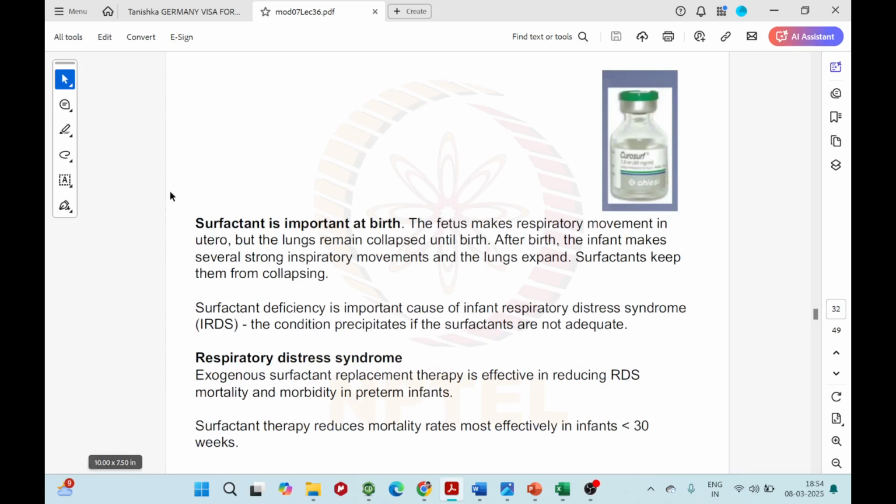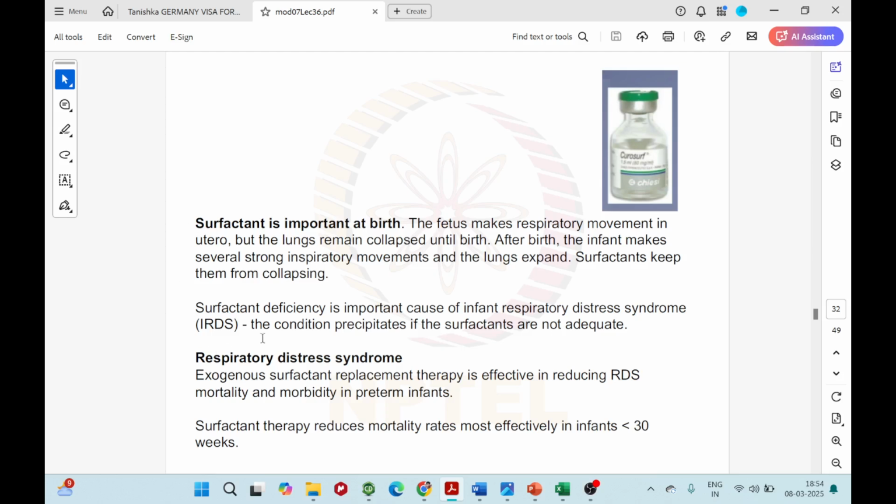So the surfactant is important at birth. The fetus makes respiratory movements in utero, but the lungs remain collapsed until birth. After birth, the infant makes several strong inspiratory movements and the lungs expand. Surfactant keeps them from collapsing.